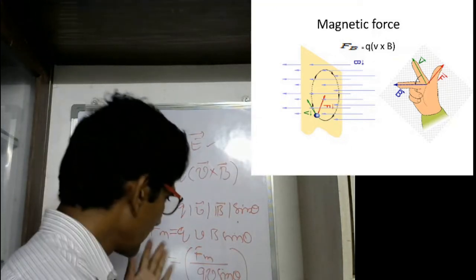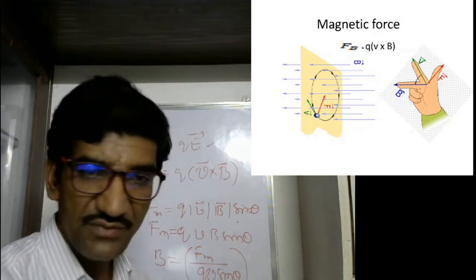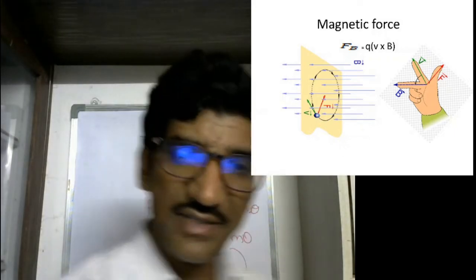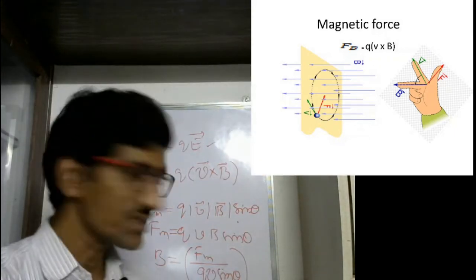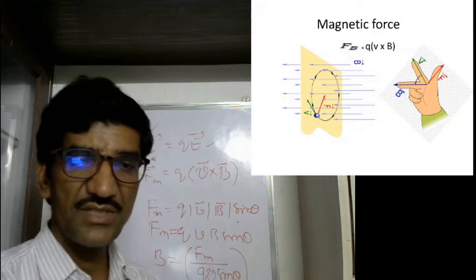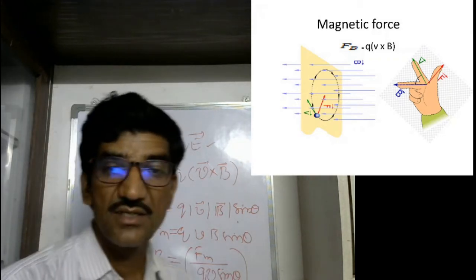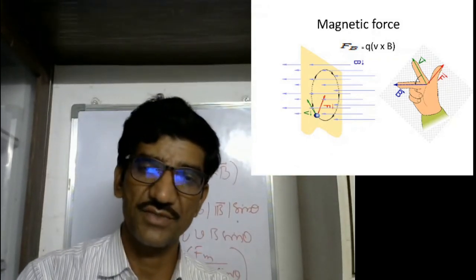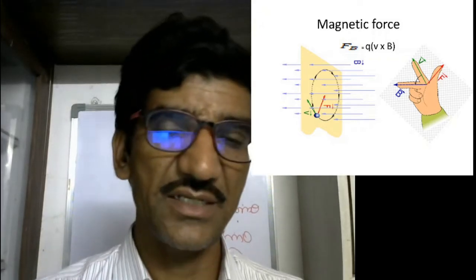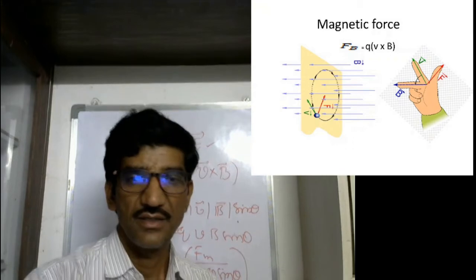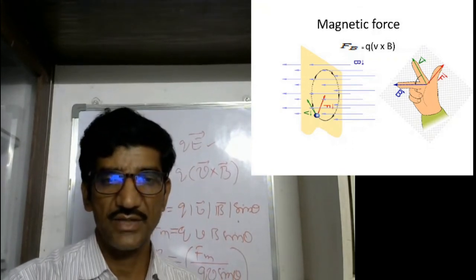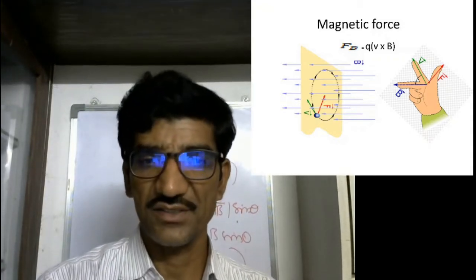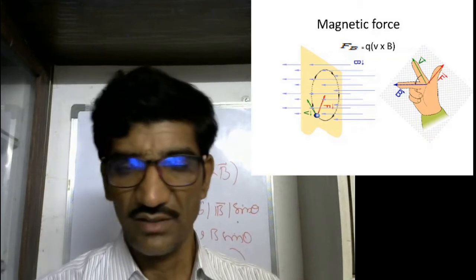Whenever you take 1 coulomb charge, V equal to 1 meter per second, and theta equal to 90 degrees, then the magnetic force acting on that unit charge is known as the magnetic field or the magnetic induction. This is the definition of B. What are the units of B? The SI unit is Tesla. Units for the magnetic induction are Tesla.